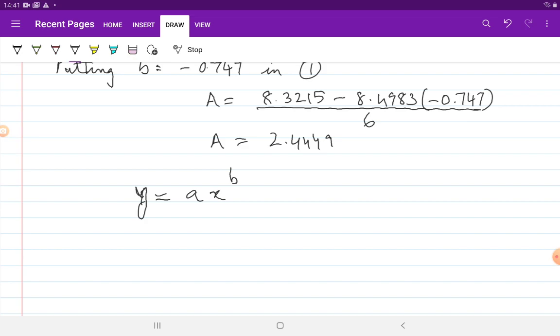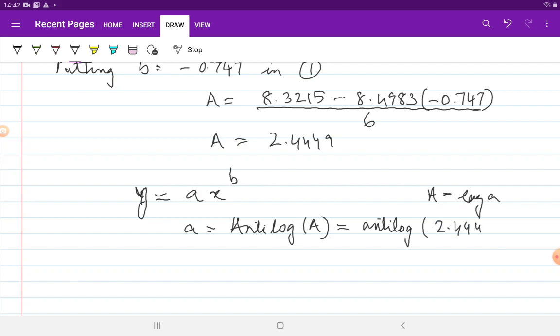So we already know the value of B, but A, since capital A is log a, small a will be antilog of capital A. Since I'm taking antilog, I have kept the capital A value up to 4 decimal points.